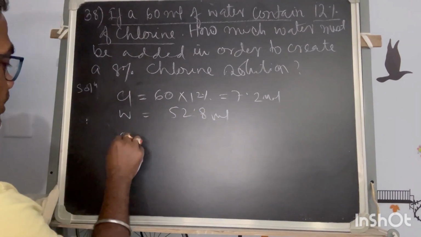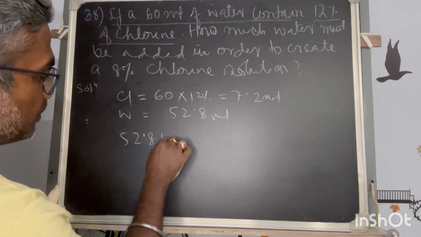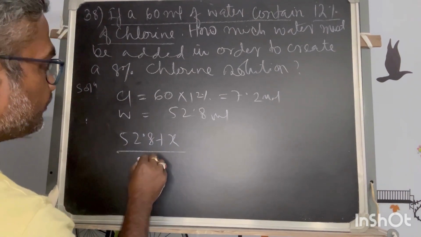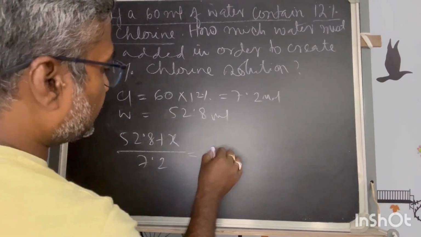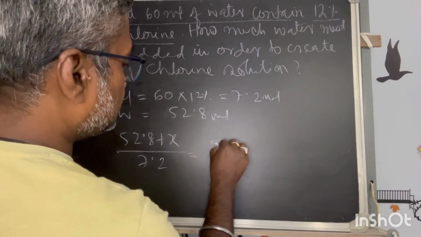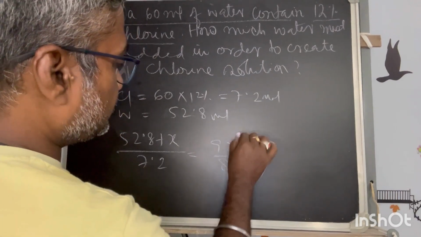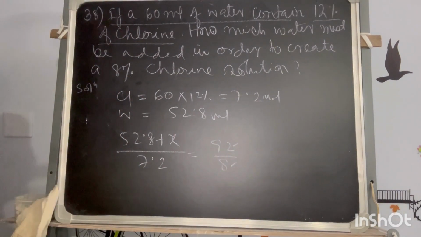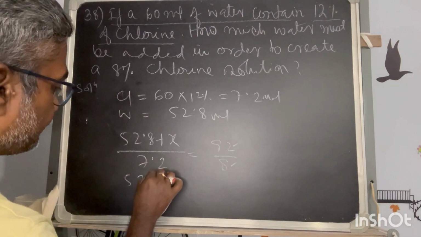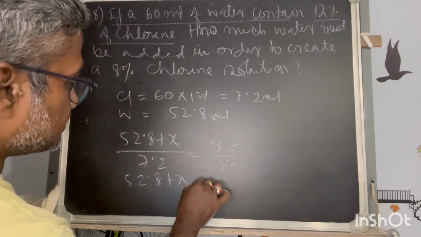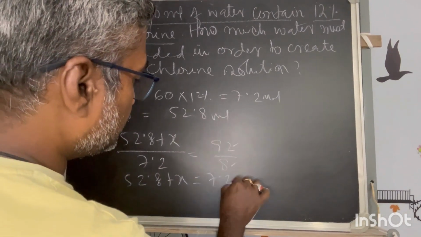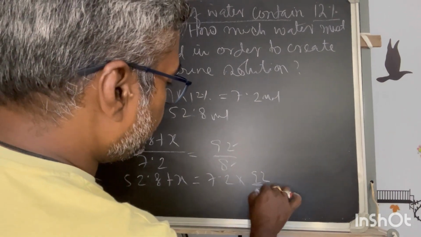So initially 52.8 ml plus X ml I am mixing, which will convert into 92 by 8, because 92% of water, 8% of chlorine. So now solve.